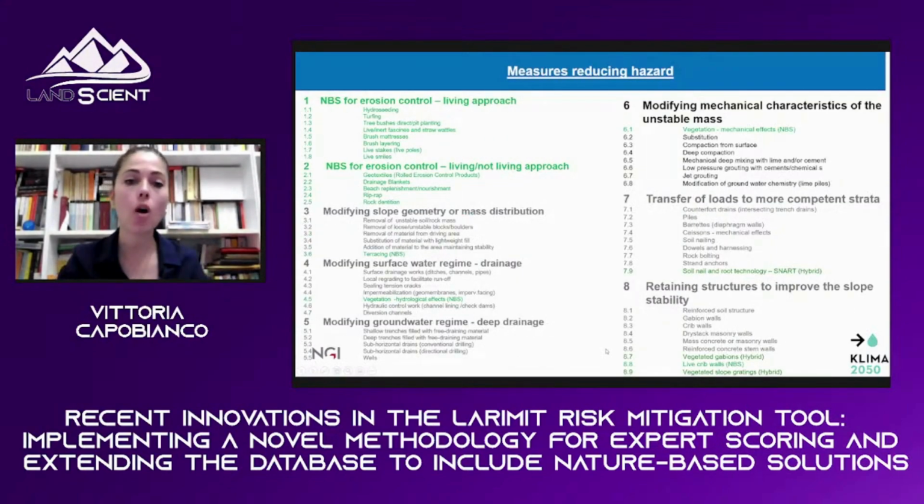So here you see all the categories broken down. For each category, we have from 5 to 9 mitigation measures. And the green ones are, again, the nature-based solutions.